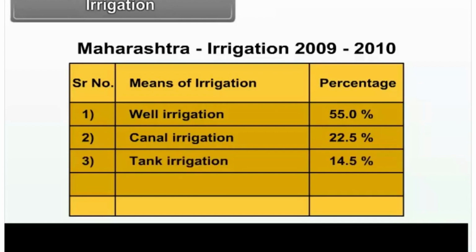Number 3, means of irrigation, tank irrigation, percentage 14.5. Number 4, means of irrigation, lift irrigation, percentage 8.0. Total 100%.